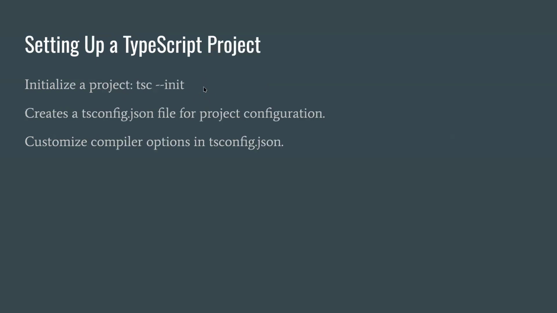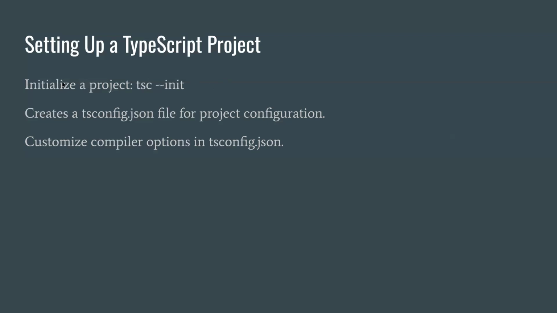Setting up a TypeScript project. So once TypeScript is installed, setting up a project is pretty straightforward. You would first want to create a new directory for your project and then run tsc --init in your terminal.